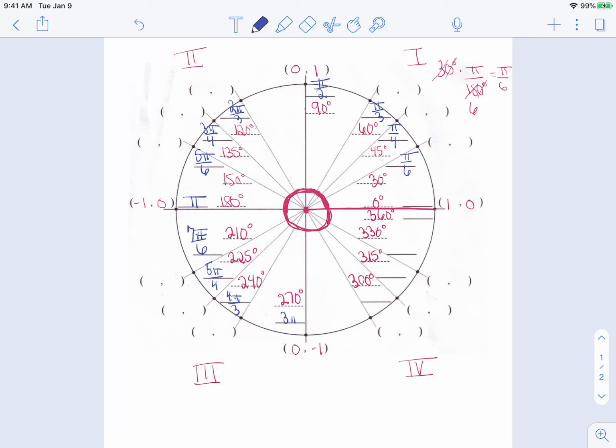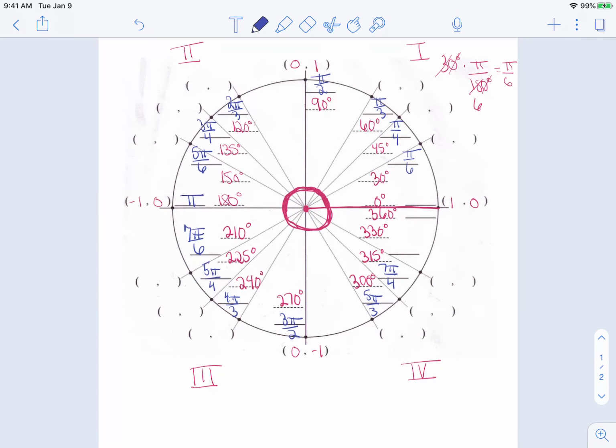This will be 3 pi over 2. And I'm keeping going. This is going to be 5 pi over 3. This one's going to be 7 pi over 4. See, I even have to search my memory sometimes. And this is going to be 11 pi over 6.